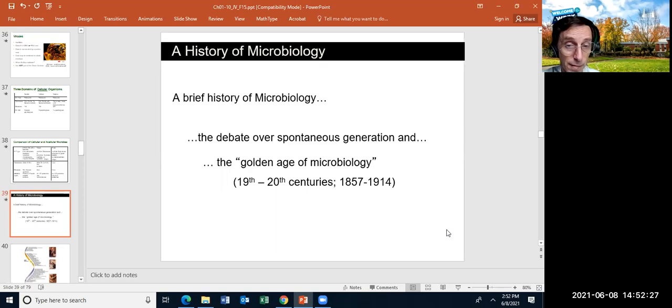And the history of microbiology also encompasses the golden age of microbiology, which you don't need to know exactly when that was, but in the 1800s to the early 1900s. And it was called the golden age of microbiology because when microbiologists were studying things in that time, everything they learned was something new.